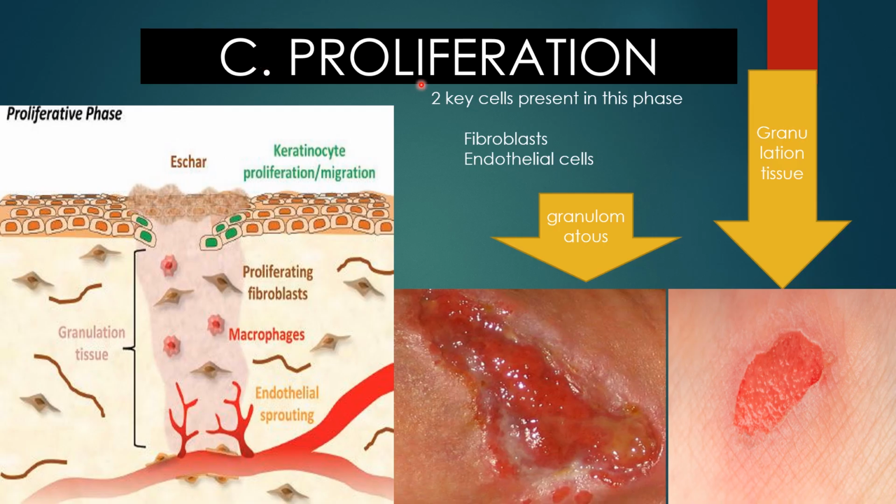See, number 3 is proliferation, which is nothing but granulation formation. Here three main cell types are involved: epithelial cells, fibroblasts and endothelial cells. See, number 1 is fibroblast. Fibroblasts will come to the wound site after 3 days.